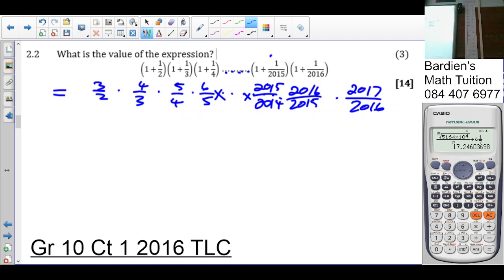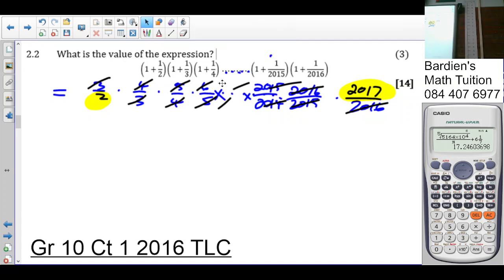So what I notice is that 3 cancels 3, 4 cancels 4, 5 cancels 5, 6 cancels 6. 2016 cancels 2016, 2015, 2014, and so on. So what are we left with? We are left with the 2 and the 1 over 2 multiplied by 2017 over 1. This gives me, of course, an answer of 2017 over 2. Okay.